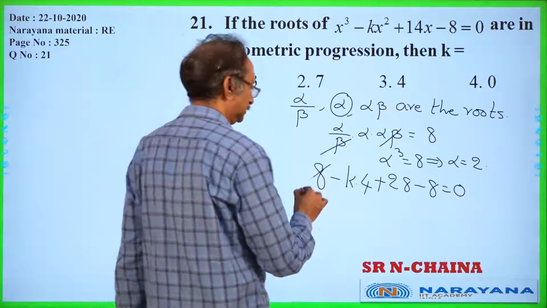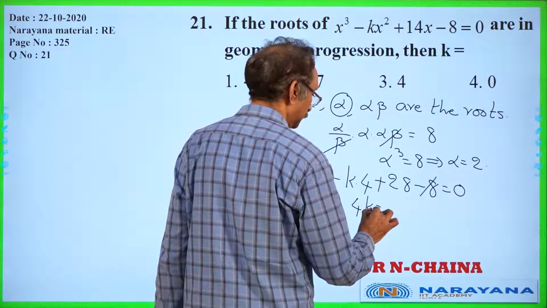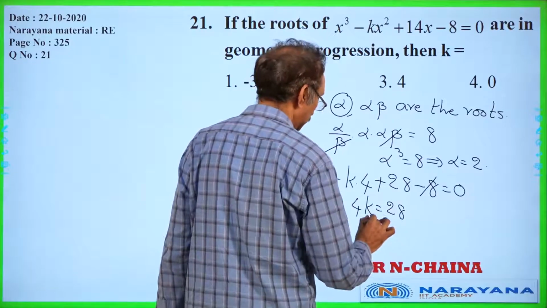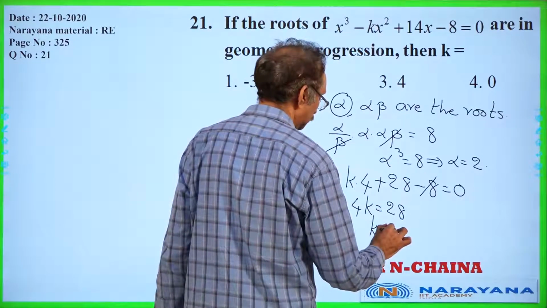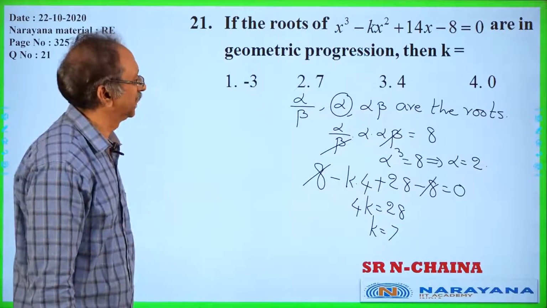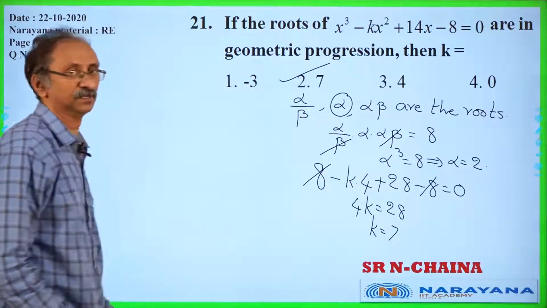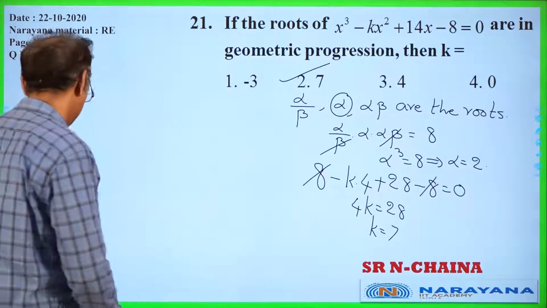So plus 8 minus 8 cancelled. So 4k is equal to 28, and k is equal to what? 28 by 4, that is 7. So what is the value of k? That is the question. The answer is 7. Right? I'll go to the next one.